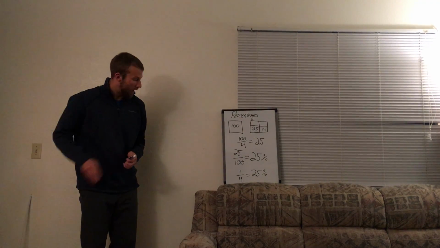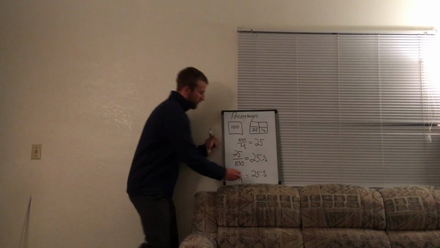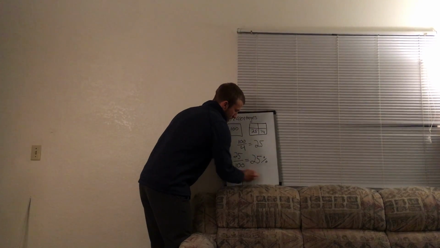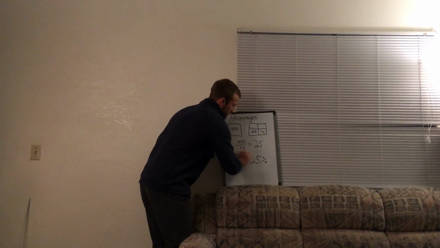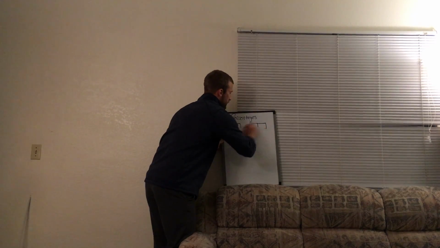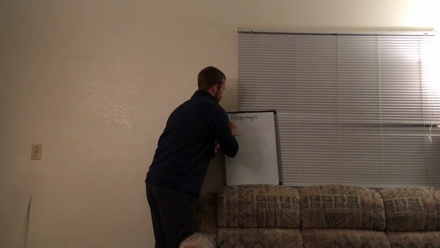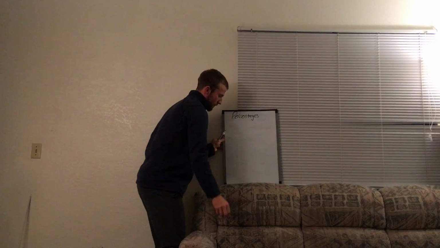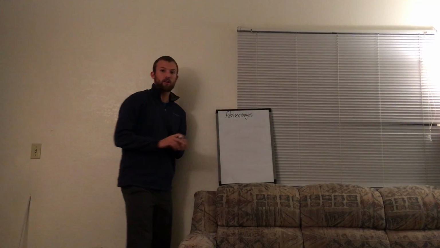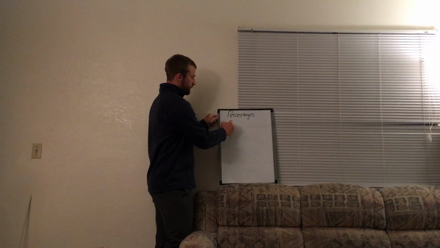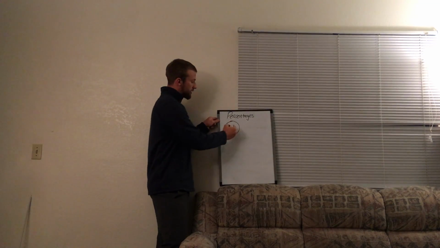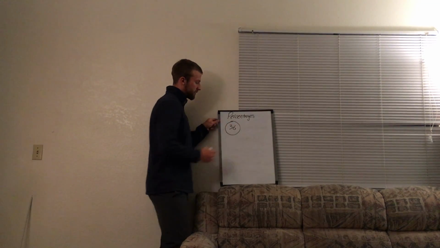So now we're going to look at a little different problem. We're going to look at a problem where we have a circle, and that circle has 36 square units.